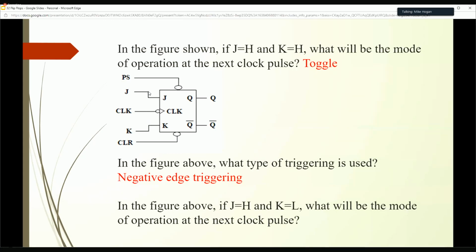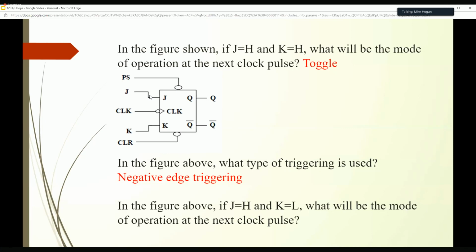Got a high on J, a low on K. Remember, what does J need to be active? No bubble, so it needs a high. K, no bubble, so it needs a high. So if I've got a high on J and a low on K, which one of these is active? J or K? J, right?